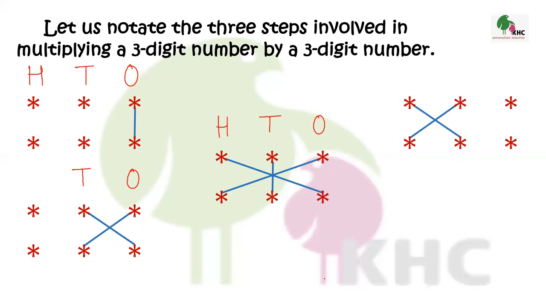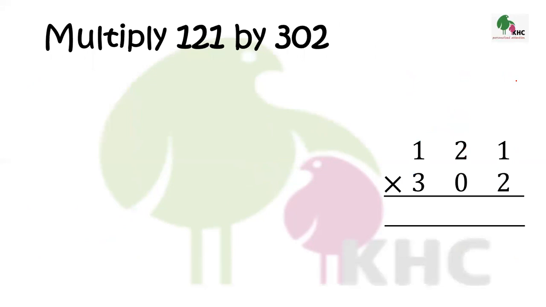The fourth step is to cross multiply the tens digit with the hundreds digit and their sum has to be found out. And finally, we vertically multiply the hundreds digit. So this is how 5 steps are involved in multiplying a 3-digit number by a 3-digit number. Let us see how to do it.